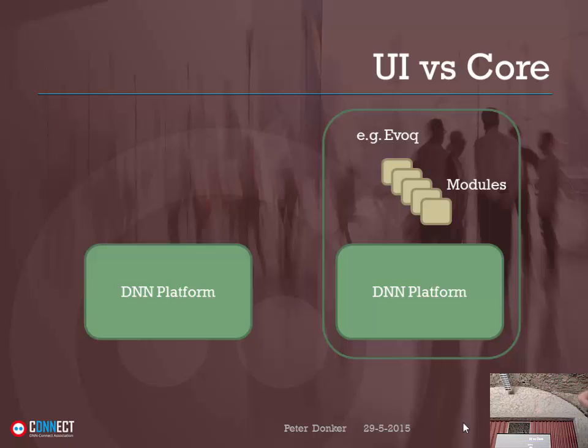So, UI versus core, right? I've talked about it a little bit before. So, like Evo, distribution. What is it? This is the current situation where you would roll out with a bunch of modules, and swap out modules. Providers as well, of course, and their skins, but extensions, let's say, current extension points.